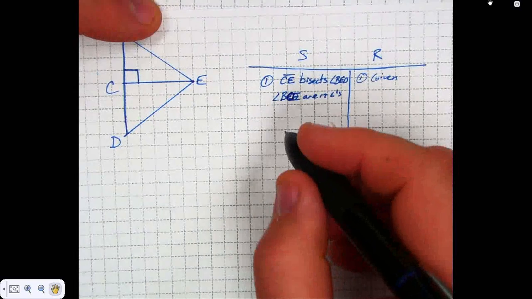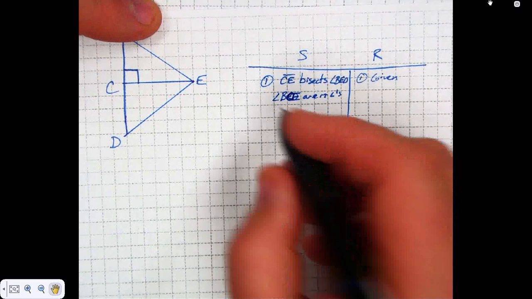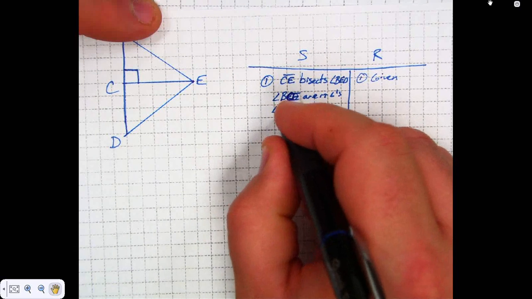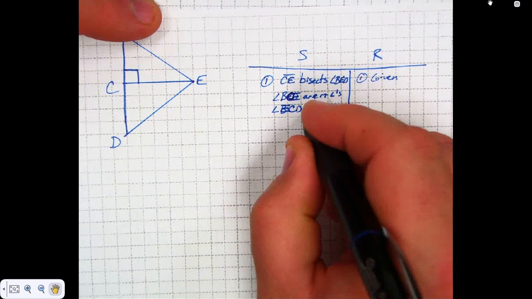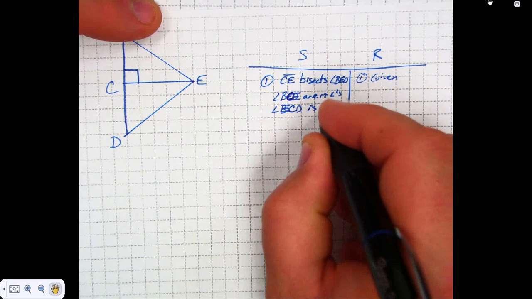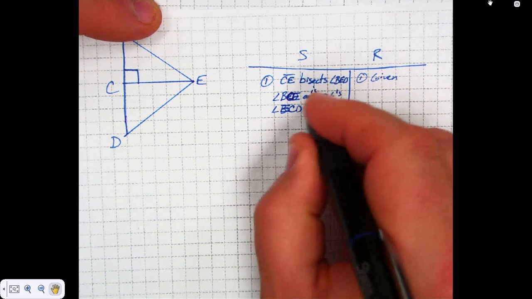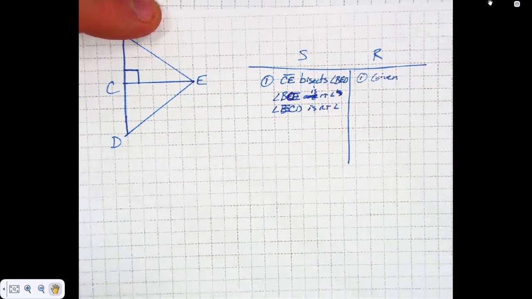And what else is given to me? That's all, right? Yes. Our angle B, or not B, but ECD is a right angle. I butchered that up pretty good.